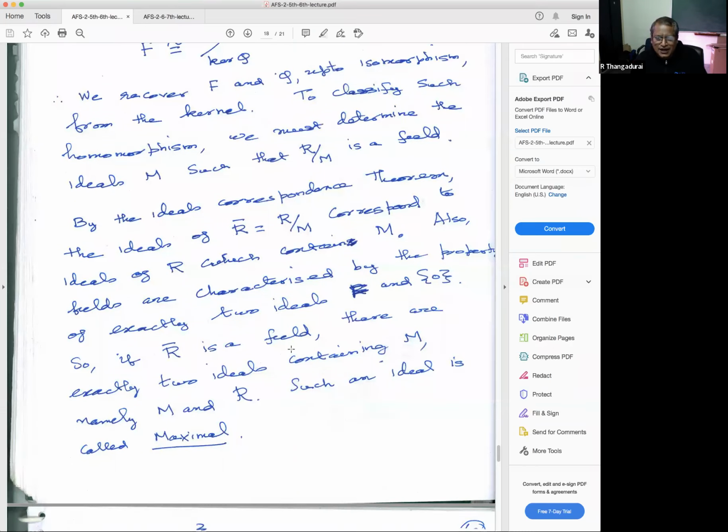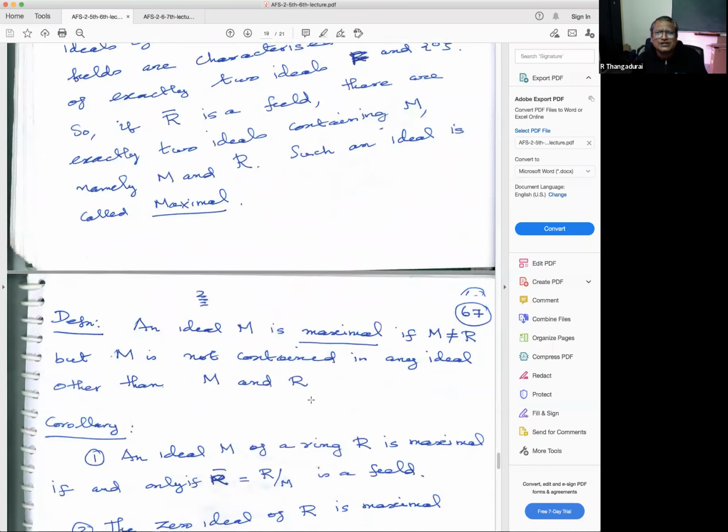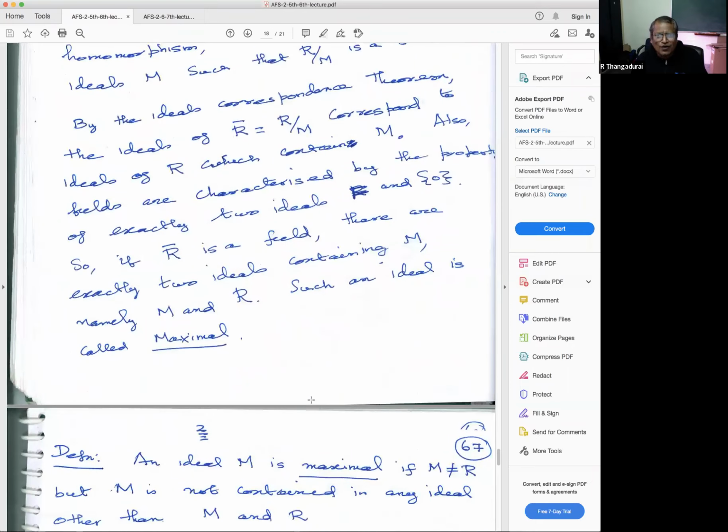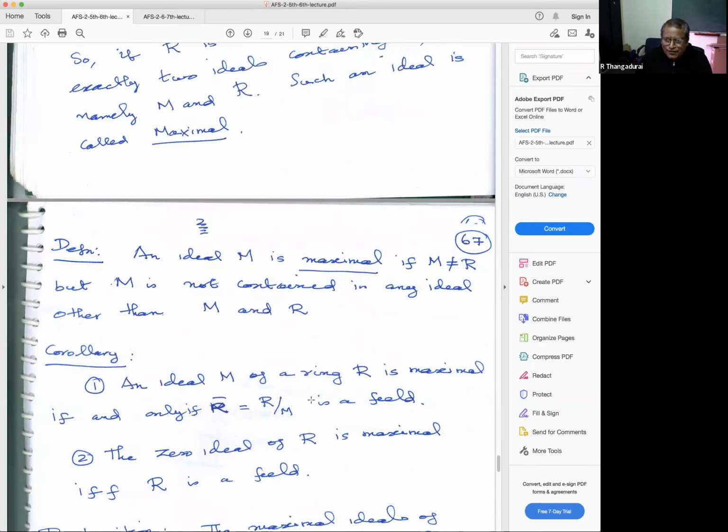Such an ideal we call maximal. An ideal M is maximal if, first of all, it is not the whole ring, and it is not contained in any other ideal except M and R. So there is no in-between ideal. If M is maximal, then between M and R there is no other ideal.